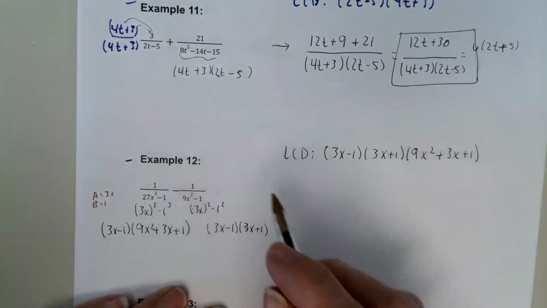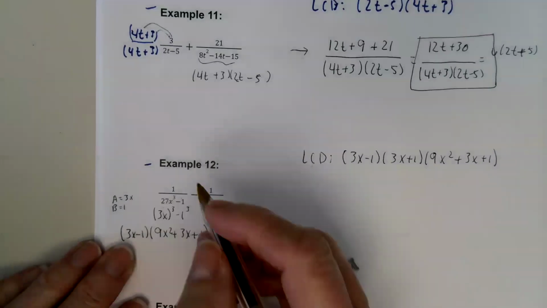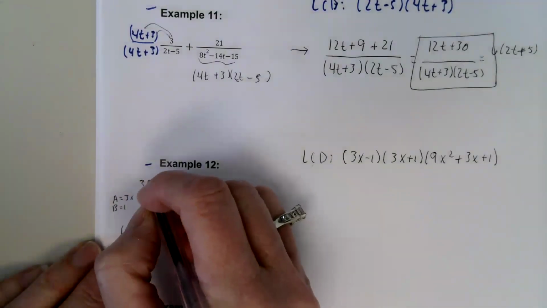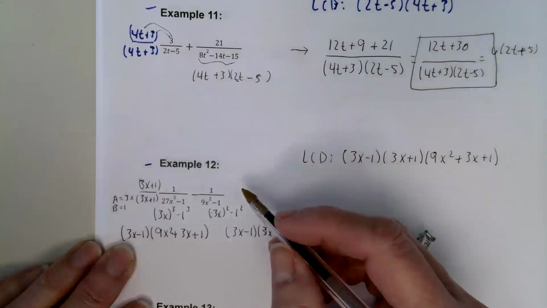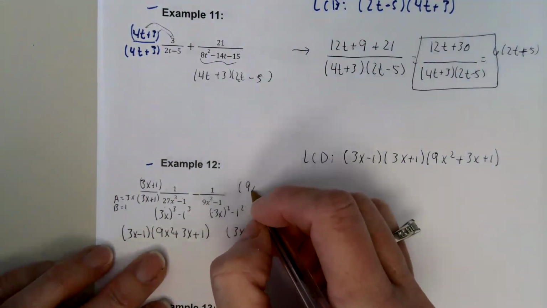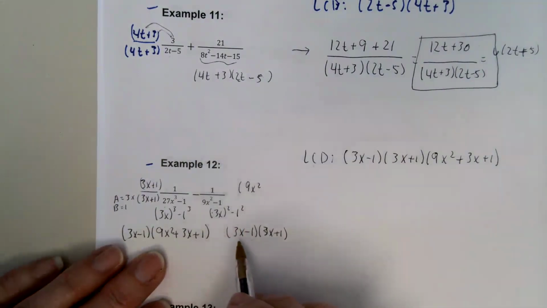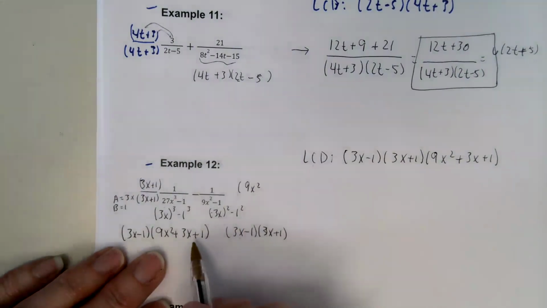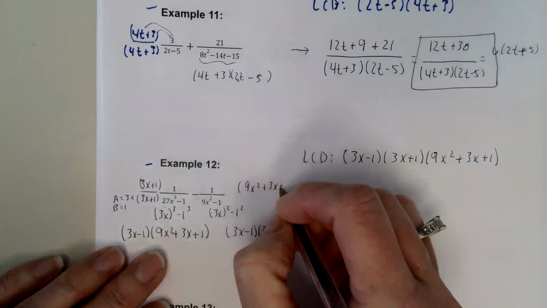So the first fraction is just missing 3x plus 1. So 3x plus 1 over 3x plus 1. And the second fraction is missing the 9x squared. Oh, no. Yes, it's missing the 9x squared plus 3x plus 1.